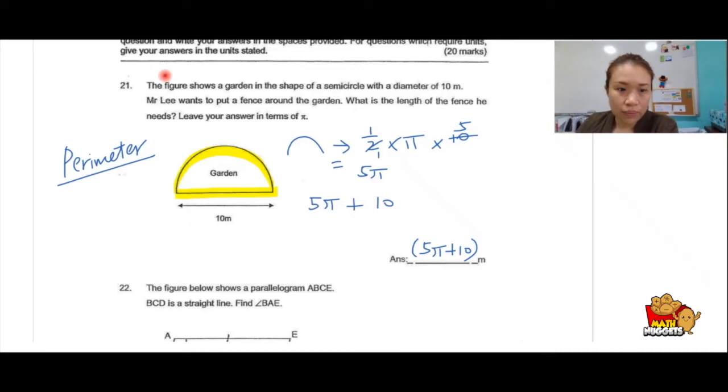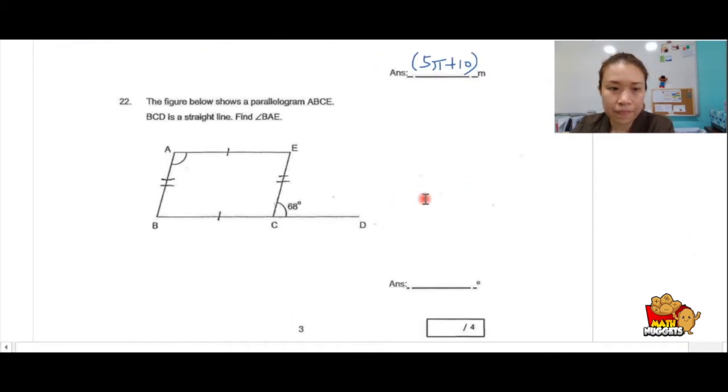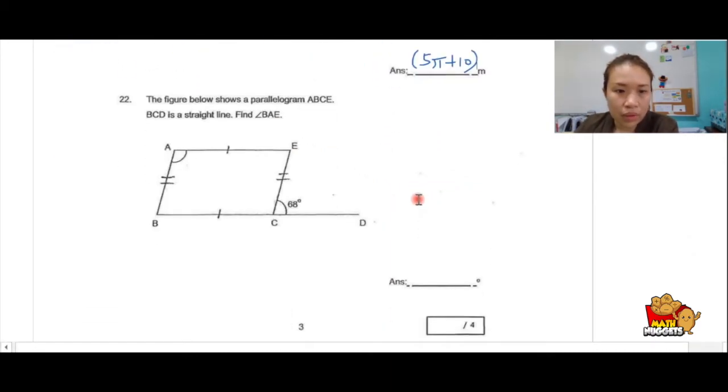Question 22. We're supposed to find angle BAE. This one. So we have a parallelogram, which means we have parallel lines. So this line is parallel with this line. Okay, so if you have parallel lines, you have alternate angles like that, which tells us that this will be 68 degrees as well.